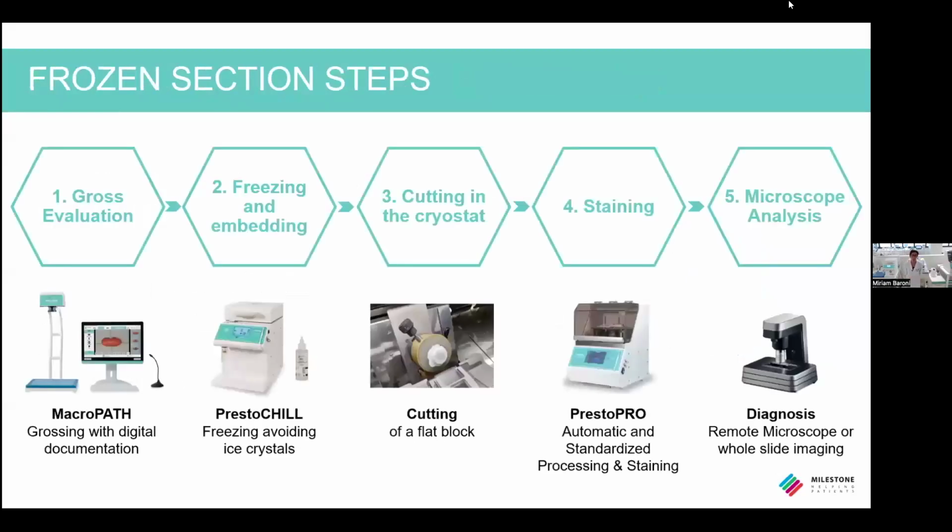In summary, in this webinar, we have tried to find improvements in all the steps of frozen section procedure. The gross evaluation can be completely revolutionized by using a dedicated system with a camera and a software that allows a secure documentation and also the remote control by a pathologist. Freezing with the phase down technique in a cold mold, so at -40 degrees, and with a more liquid medium, reduces the formation of ice crystals and makes the sectioning in the cryostat easier and faster.